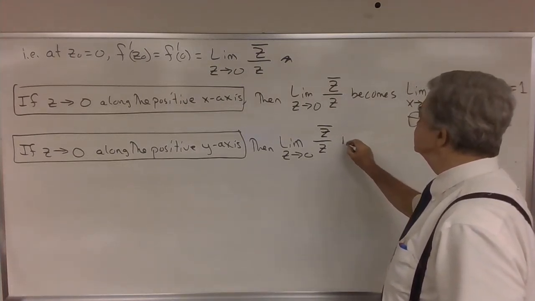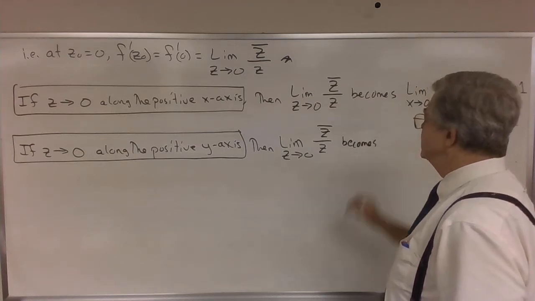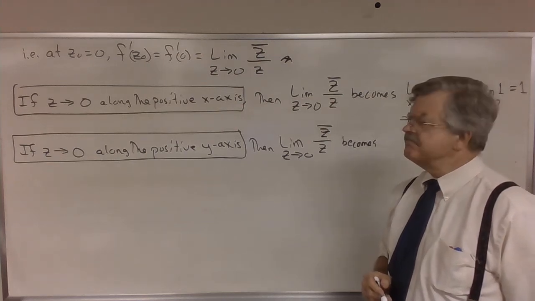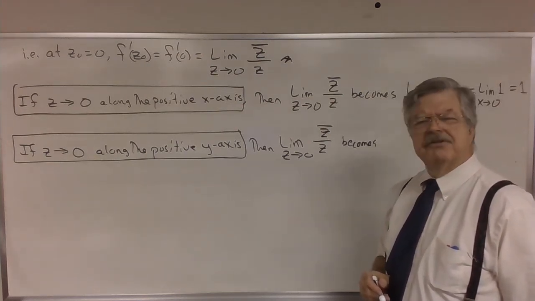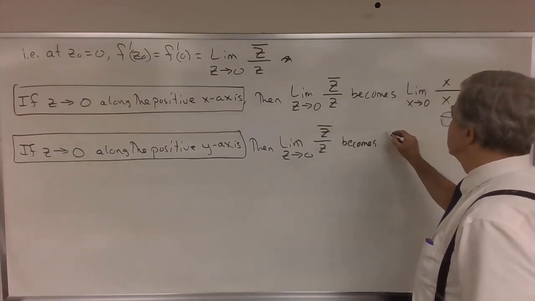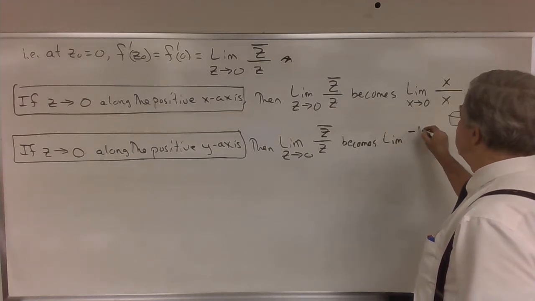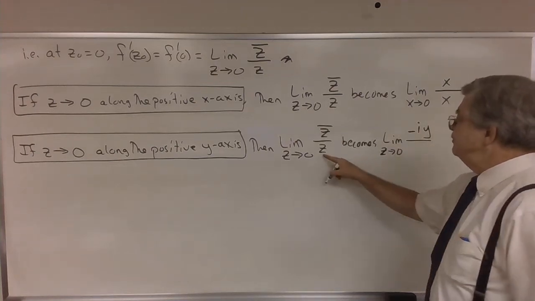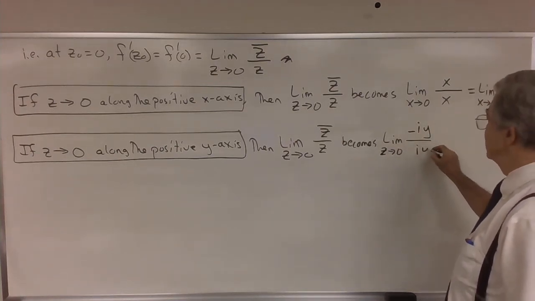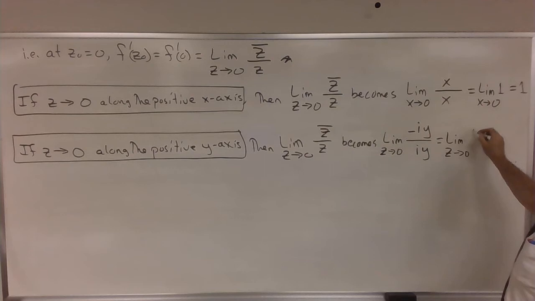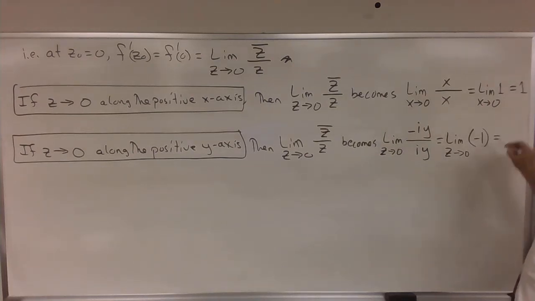If we're on the positive y-axis, then x is 0, isn't it? And so z conjugate is just negative iy, and z is positive iy. So we have the limit as z goes to 0 of negative 1, which equals negative 1.